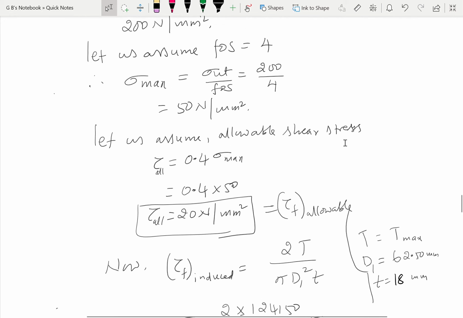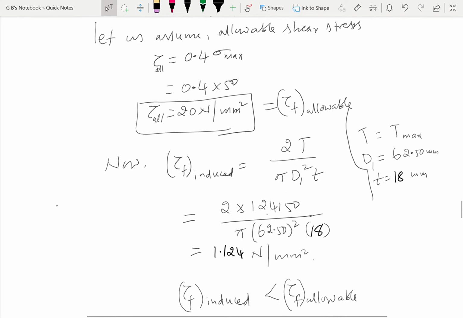Let us assume allowable shear stress, tau allowable, is equal to 0.4 times the sigma maximum. This is actually cast iron, that's why we have taken 0.4 times the sigma maximum for allowable shear stress. So we got 20 Newton per millimeter squared, that is the allowable shear stress in the flange, tau F. Now let us calculate shear stress induced in the flange using that equation.